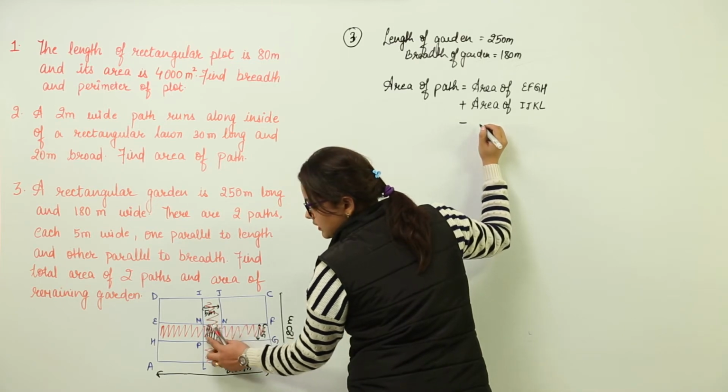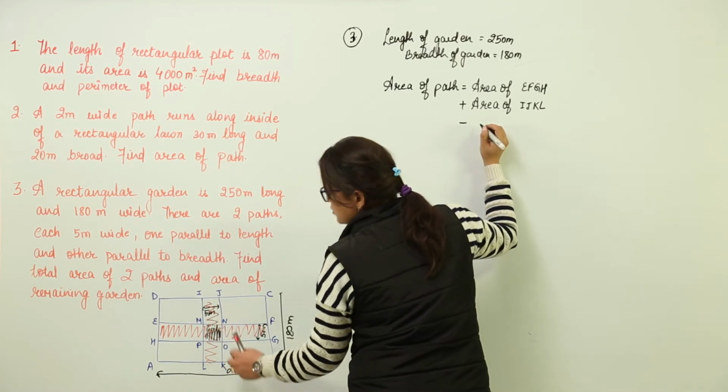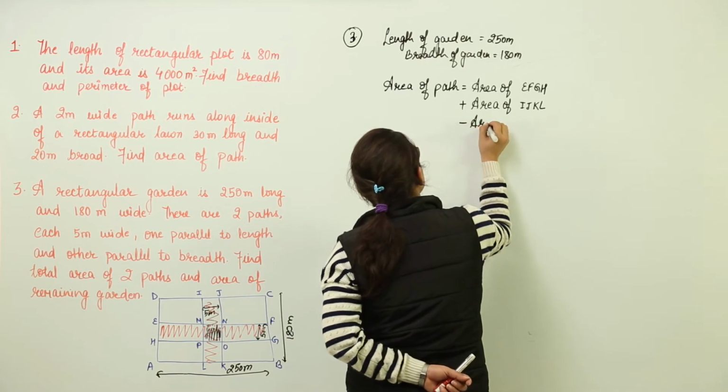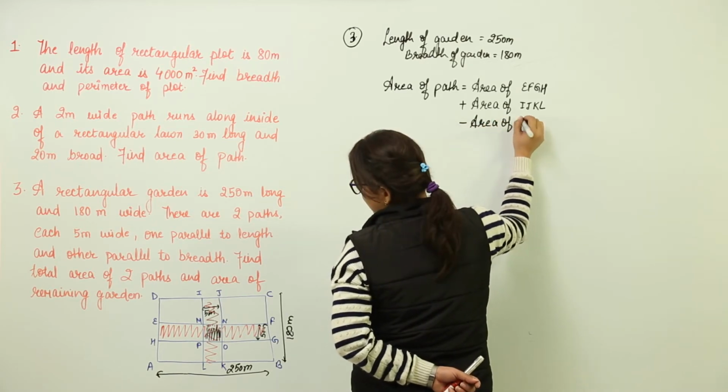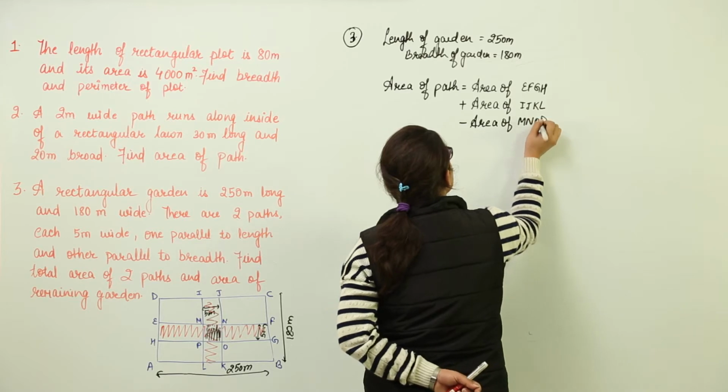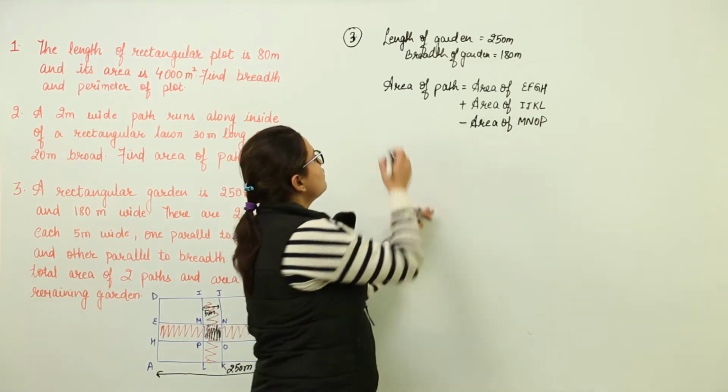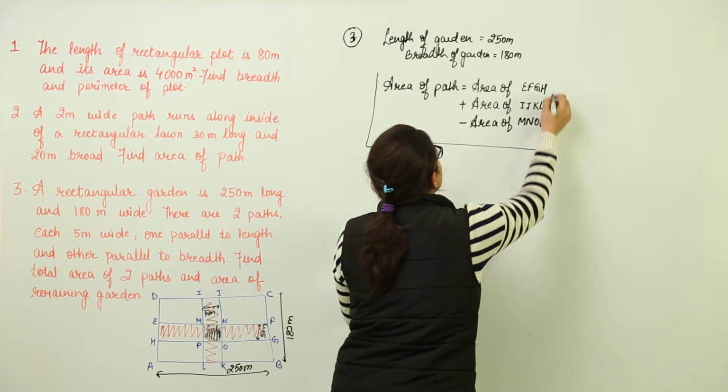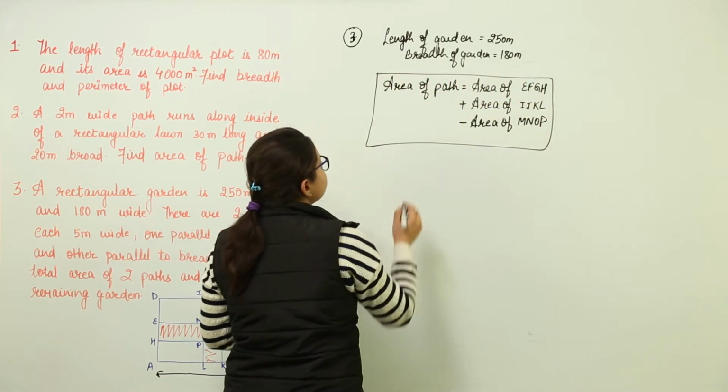You can see over here, it clearly indicates a square. So we have this square as area of MNOP. Now here I have written down the whole formula that is to be used for calculation. Let us do this now.